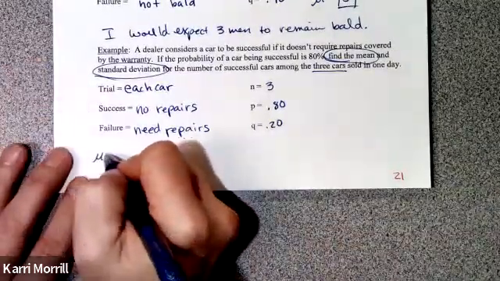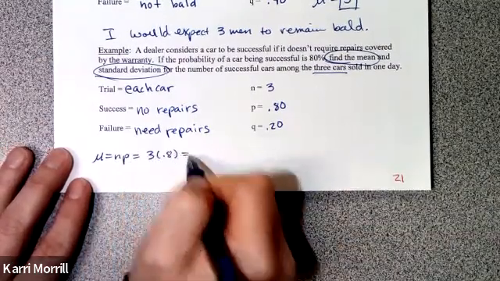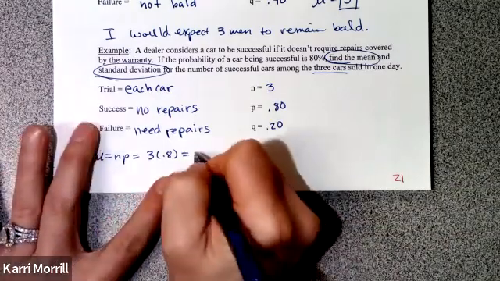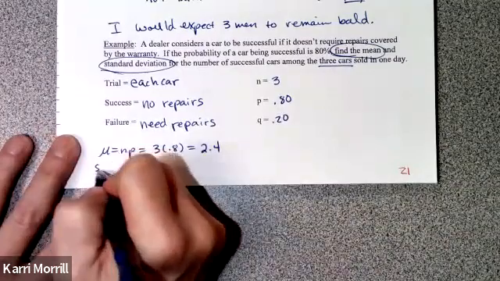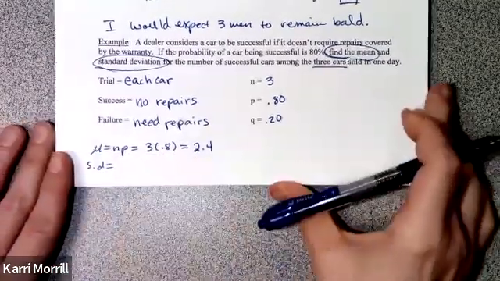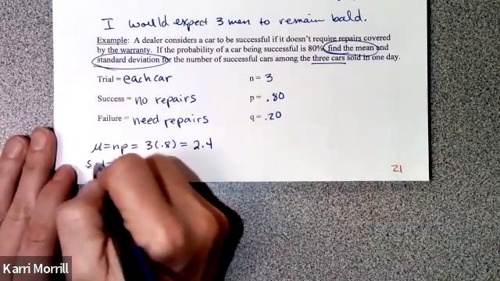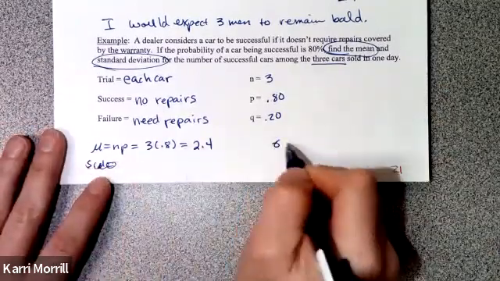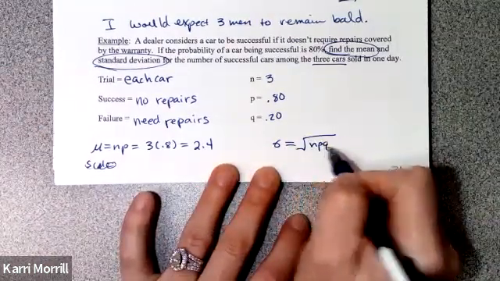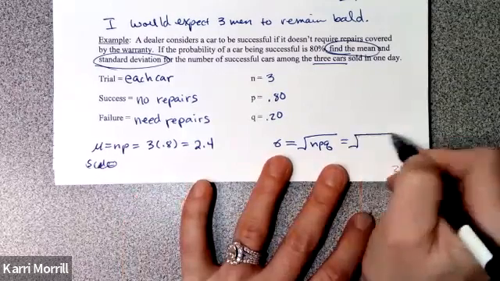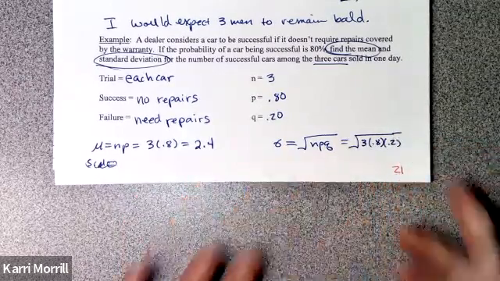So our mean is by taking N times P, so 3 times 0.8. And so you would get 2.4. Our standard deviation is, I guess I should have used the symbol, that sigma symbol with our square root of N times P times Q. So we're taking 3 times 0.8 times 0.2 underneath that radical.